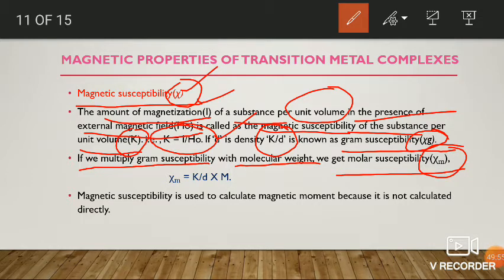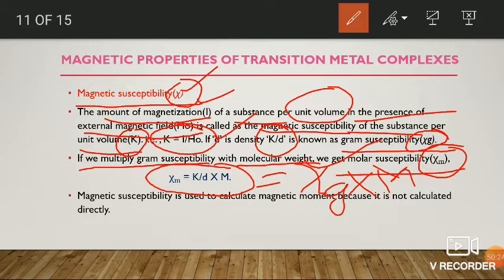The volume susceptibility is K, gram susceptibility is Chi g, the molar susceptibility is Chi m. Chi m is expressed as Chi m equal to K by D into M, or equal to Chi g into M, because K by D is nothing but Chi g.